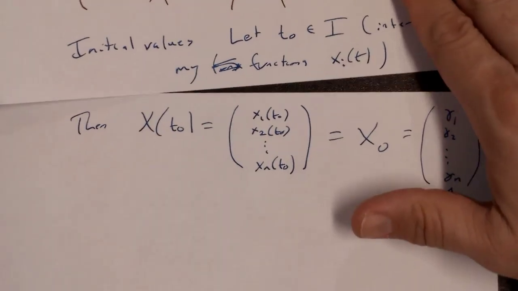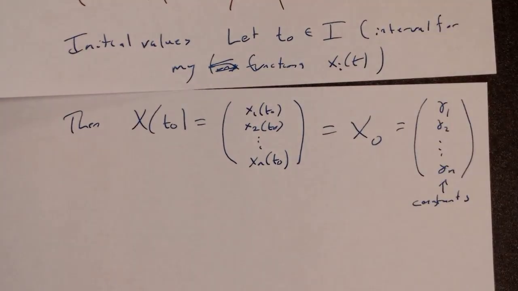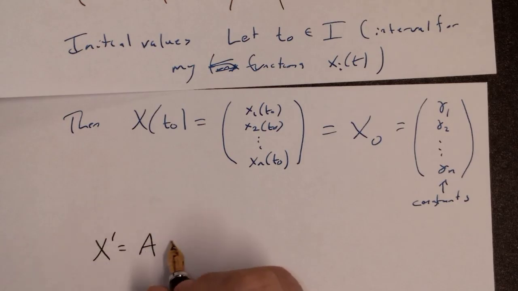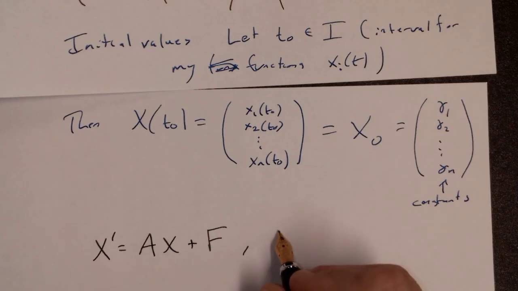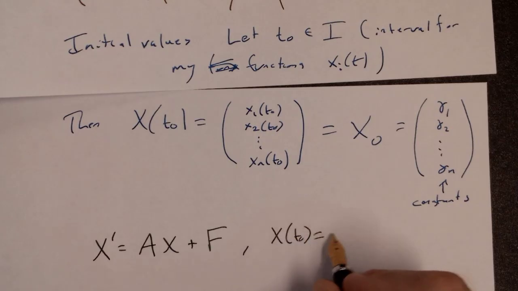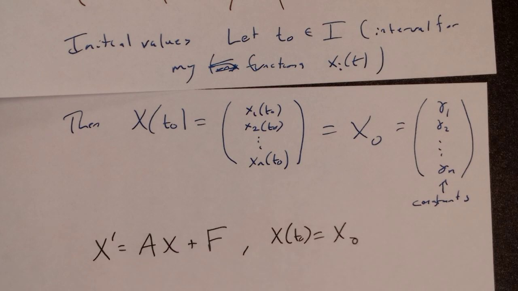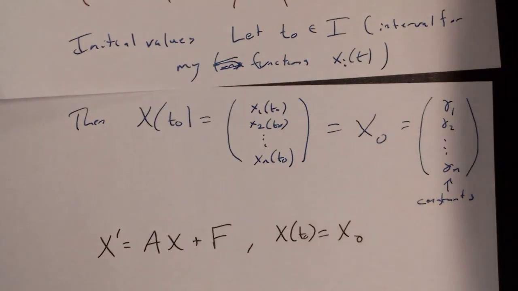And the initial value problem looks like x prime equals Ax plus f, and x of t0 is x sub 0. That's what an initial value problem looks like for systems.